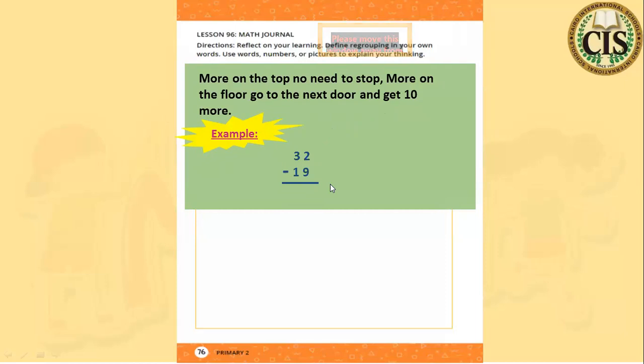Can you give me 1, please? Yes. So 3 will give me 1. 3 will be 2, and 2 will be 12. 12 minus 9, after 9: 10, 11, 12. 3. 2 minus 1 equals 1. So 32 minus 19 equals 13.